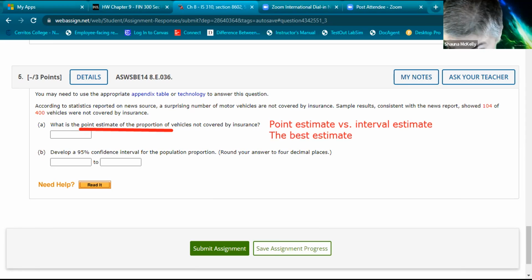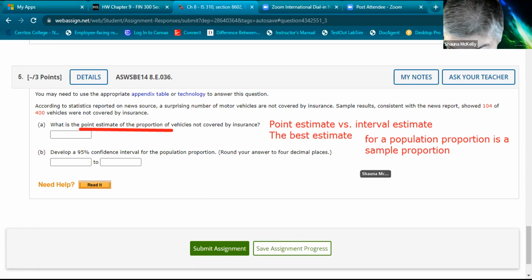Okay, so the first part of this, you're going to find out what the sample proportion is. Now, they don't give you the sample proportion, but they give you the numbers that you need. So all you're going to do is calculate this.